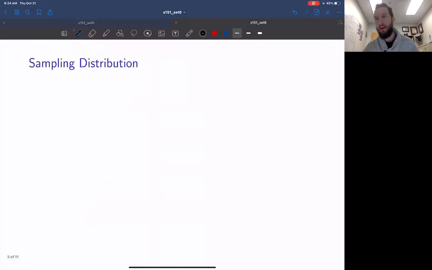All right, so to better understand this idea, I'm going to illustrate how we can interpret this from a visual context. Suppose I have a population.